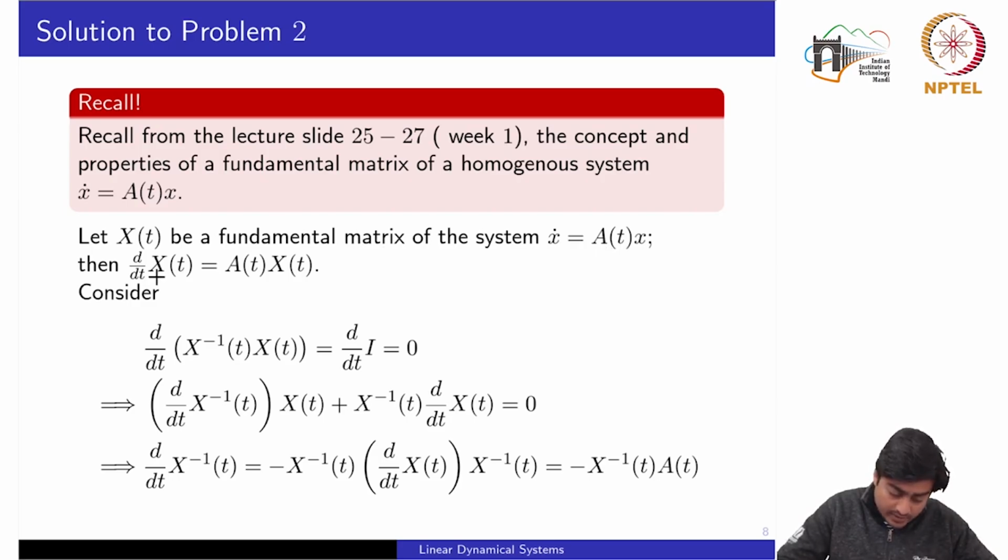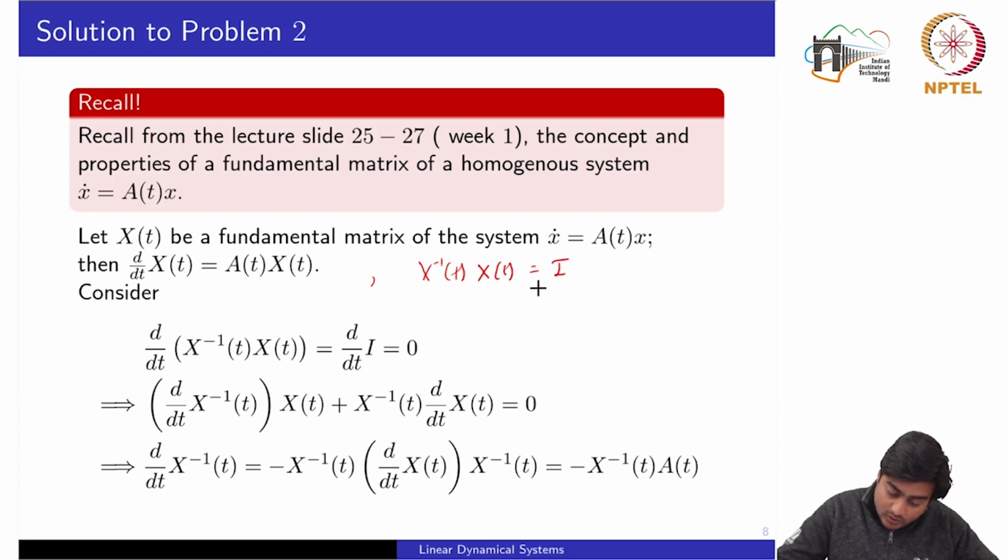So we can write the derivative of X is equal to A times X. Another property which we also saw during week 1 is that X inverse(t) times X(t) is equal to the identity, and X is a non-singular matrix.